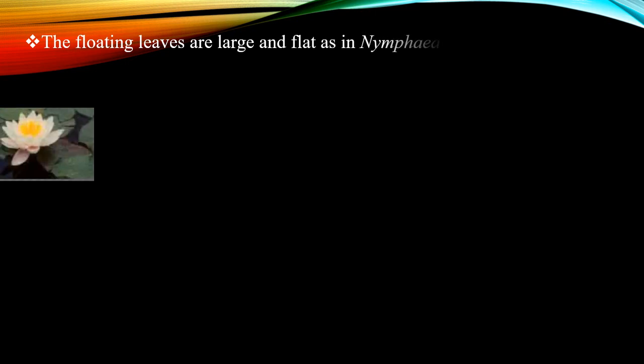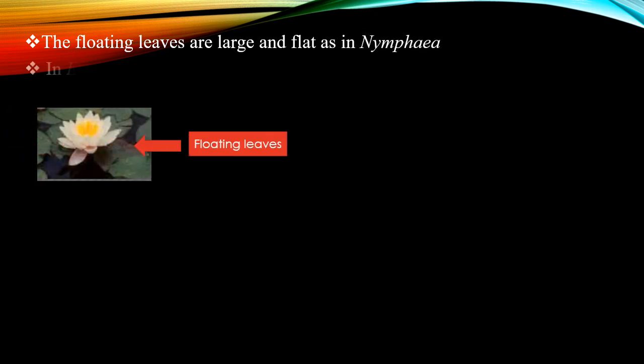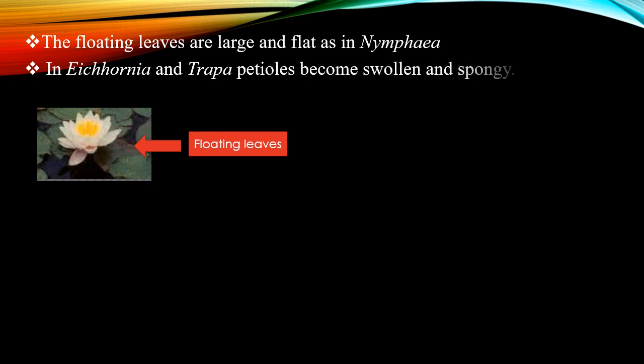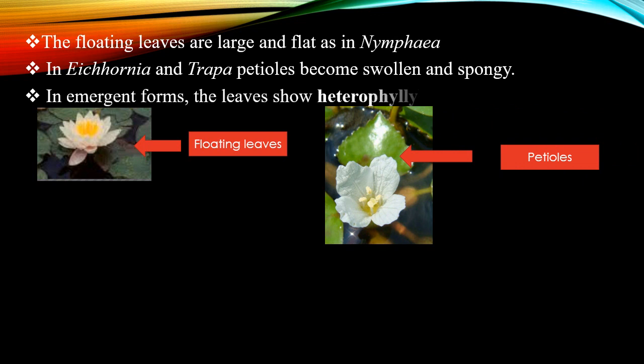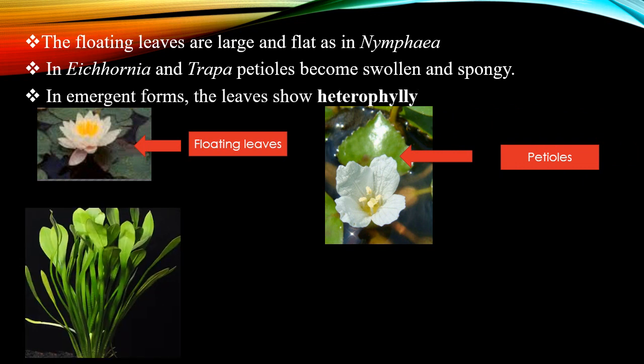The floating leaves are large and flat as in Nymphaea. In Eichhornia and Trapa, the petioles become swollen and spongy. In emergent forms, the leaves show heterophylly. You can see the entire leaf on the top and the dissected leaf at the base.